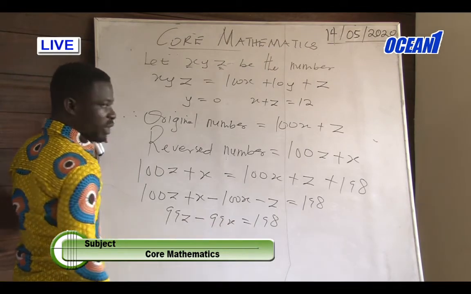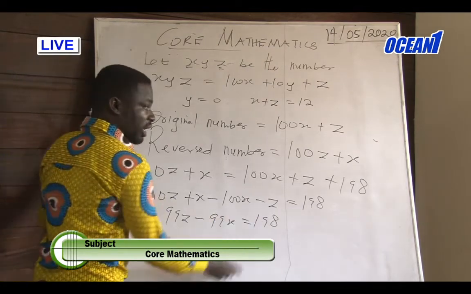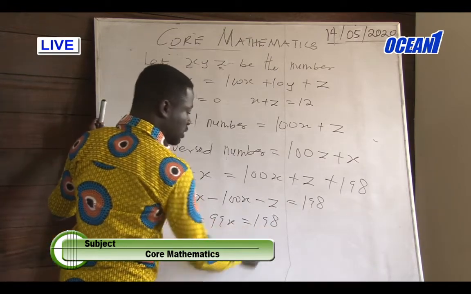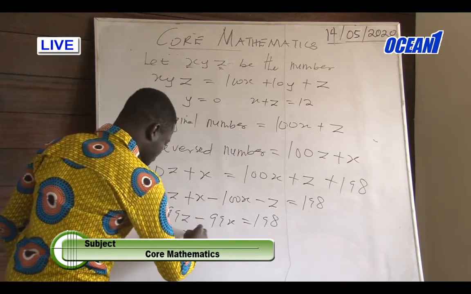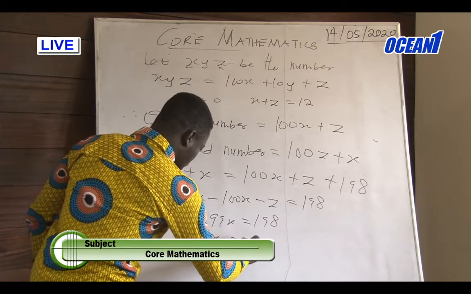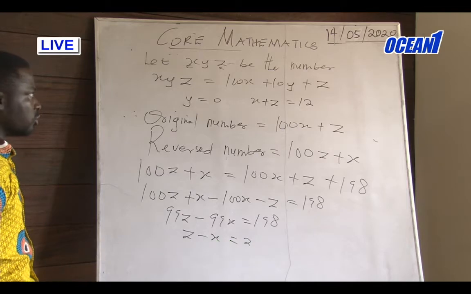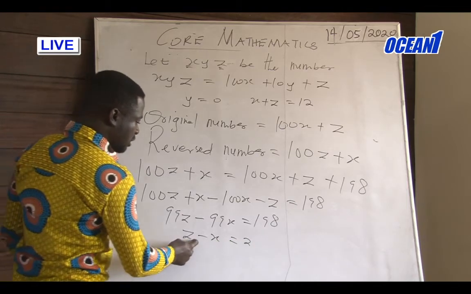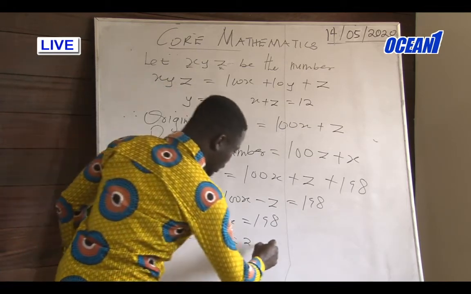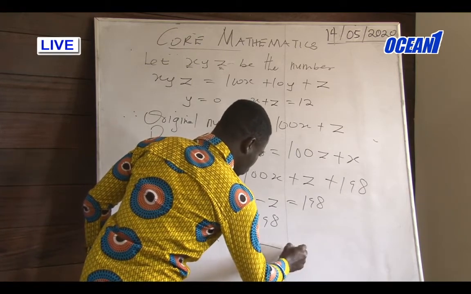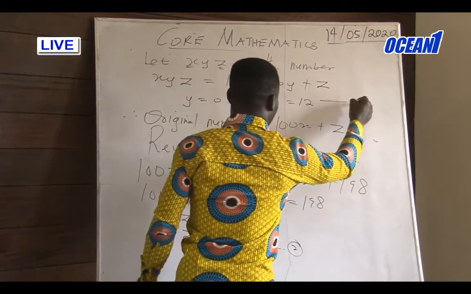I can easily divide through by 99. 99 is a factor of 198, that's twice. So 2 times 99 will give us 198. So we are going to have z minus x equals 2. Let me call this equation number 2, and call the earlier one equation number 1.